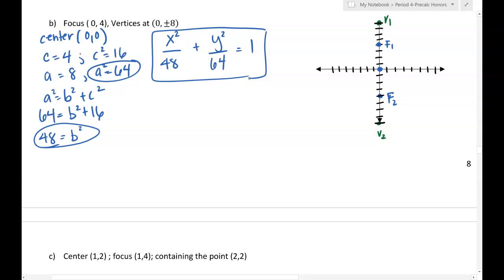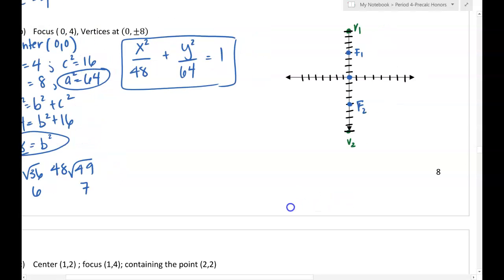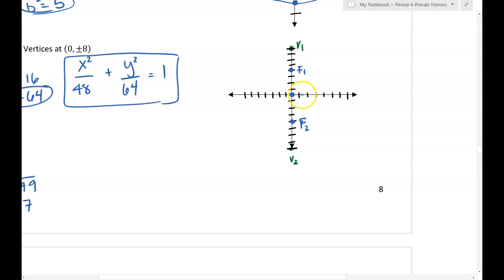Now I need to figure out where the square root of 48 is so I can plot my minor axis points. So 48 is here. The next perfect square is 49, and the previous one is 36. So that's 6, 7. So closer to 7. Okay, so I'm going to go a little bit past 7 units. 1, 2, 3, 4, 5, 6, 7. So slightly over here.